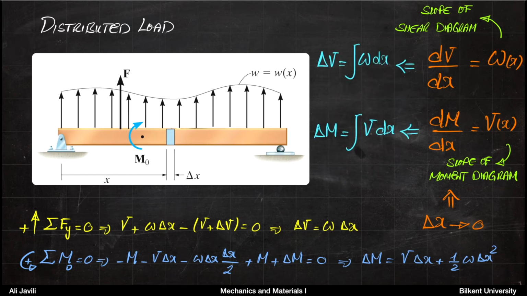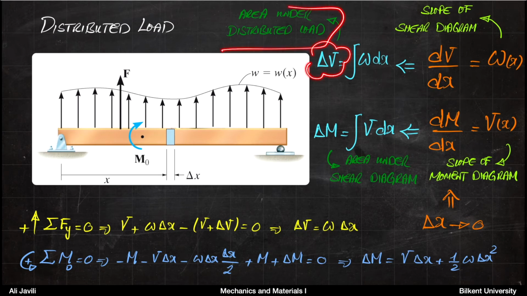Alternatively, you can think about them in terms of integrals. If you do that, delta V would be the integral of W dx, and delta M is the integral of V dx. Basically, delta V is the area under the distributed load, and delta M is the area under the shear diagram.